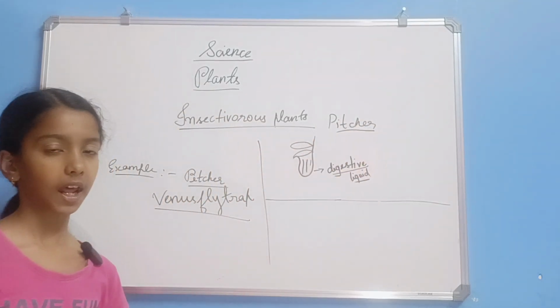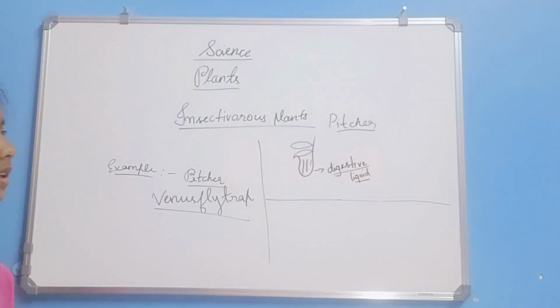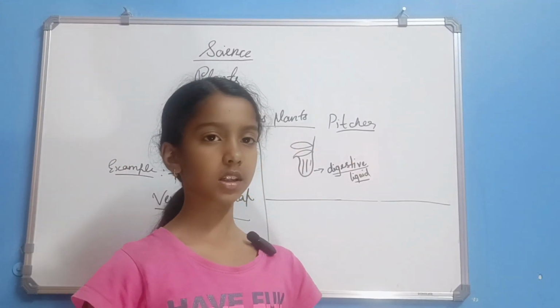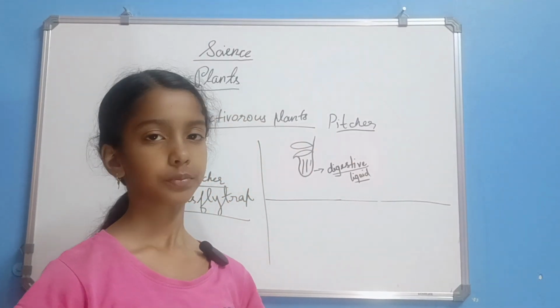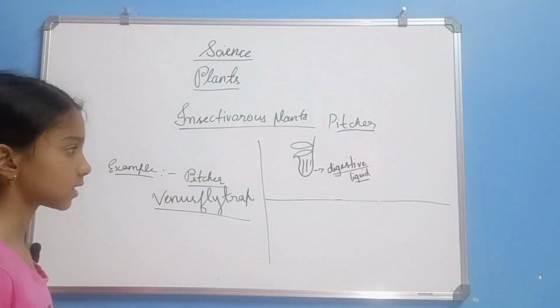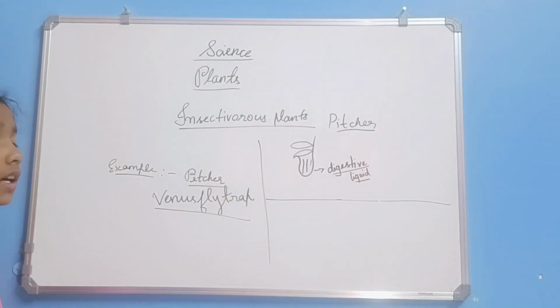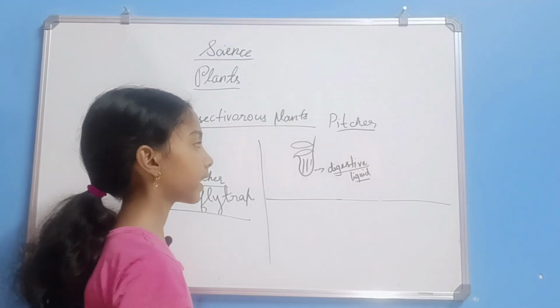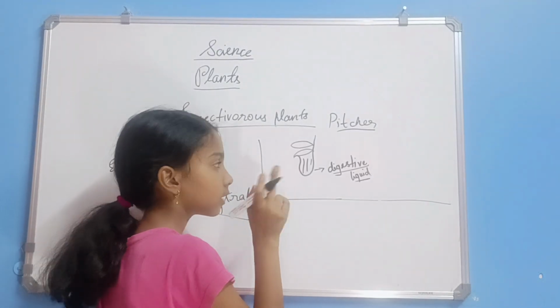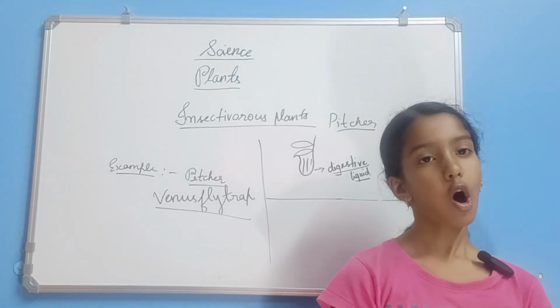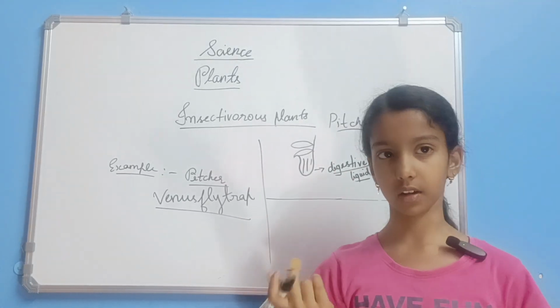Now how does it work? Works means how does it eat all the insects? How is it an insectivorous plant? Think: if anything is so nice, everyone will come to it, right?